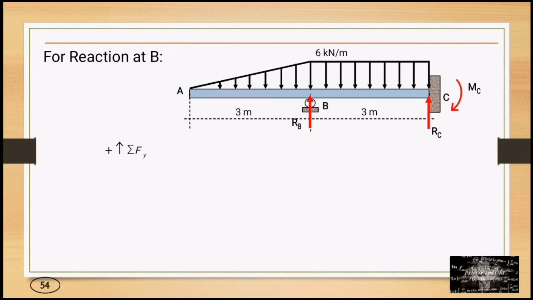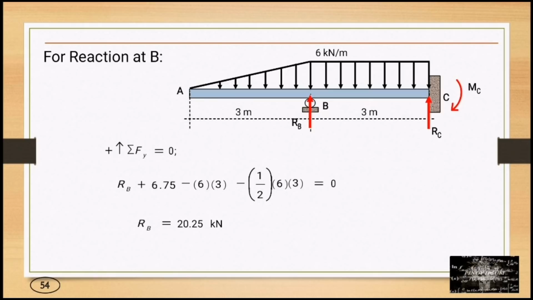Summation of forces along Y is equal to 0. So RB plus 6.75 minus 6 times 3 minus 1/2 times 6 times 3 is equal to 0. So, RB is equal to 20.25 kilonewtons. Okay?